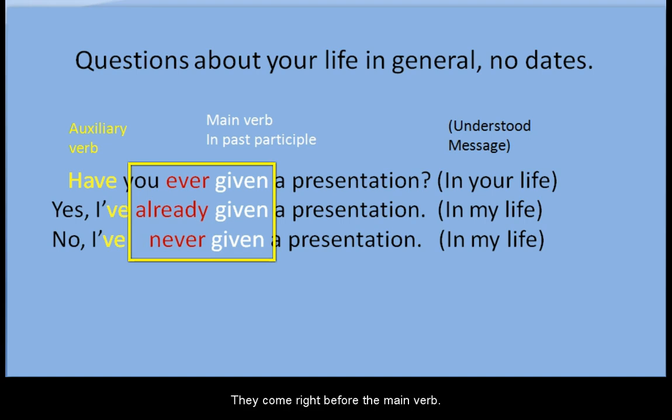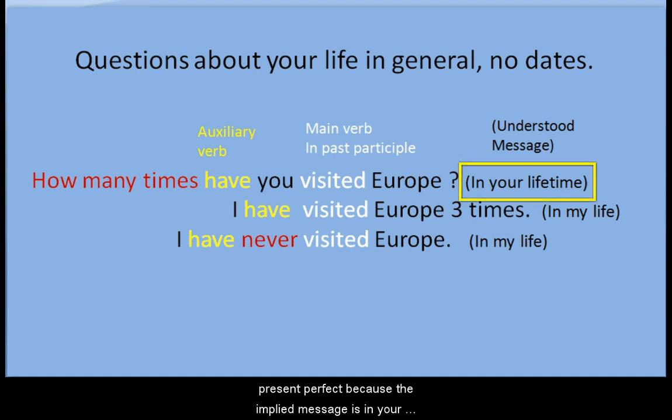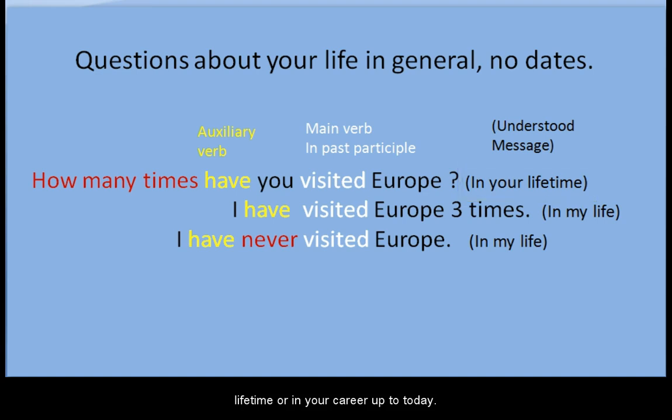They come right before the verb. A question asking how many times is always used with the present perfect because the implied message is in your lifetime or in your career up to today. It's all about up to the present.